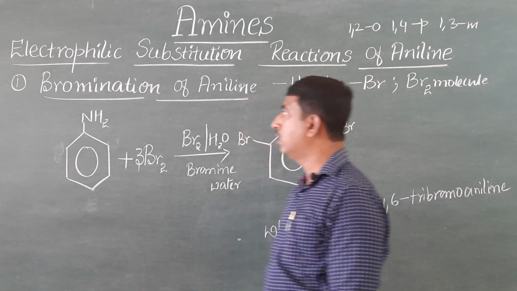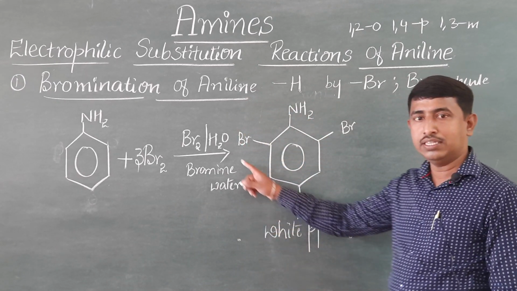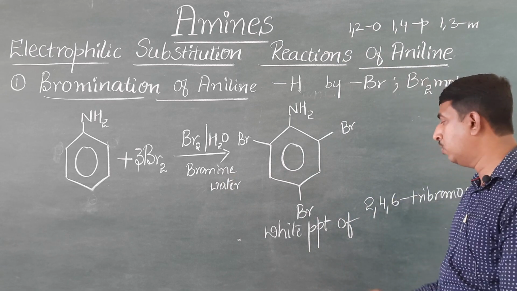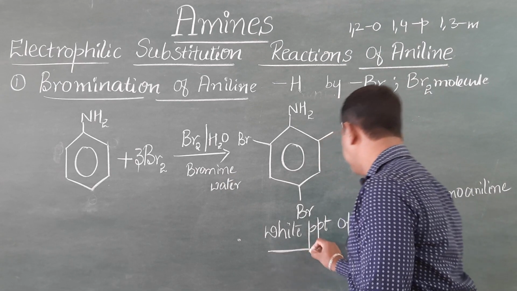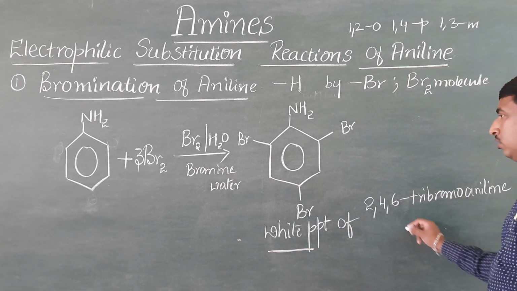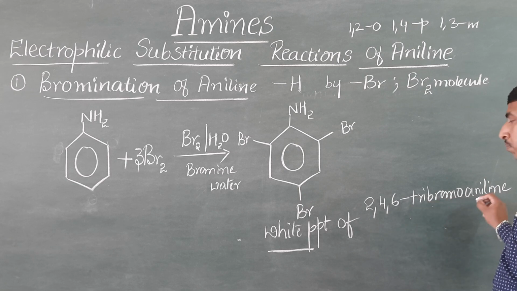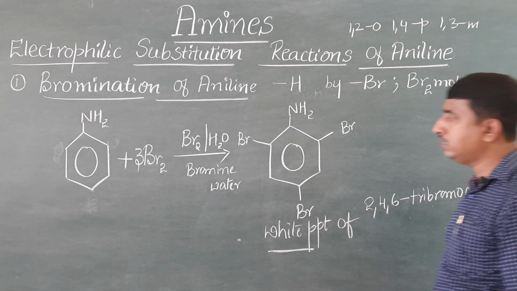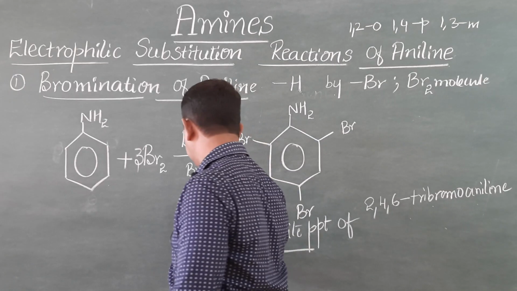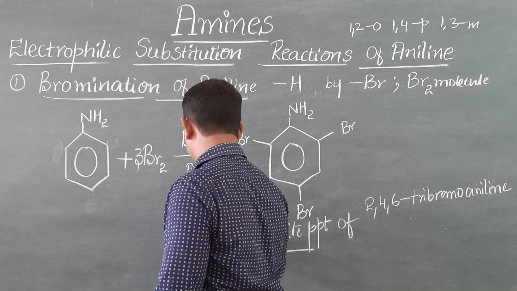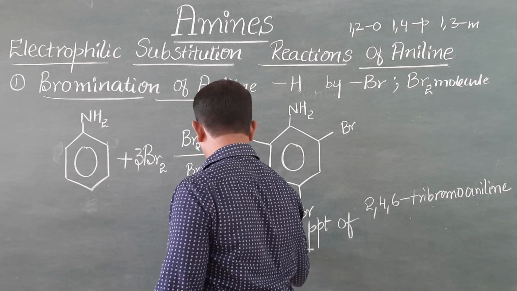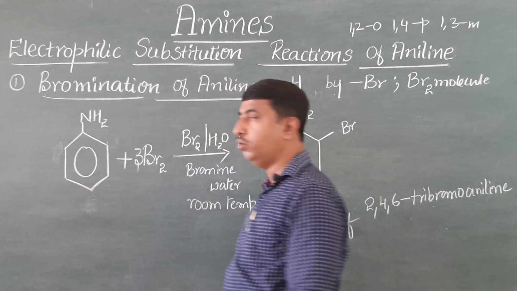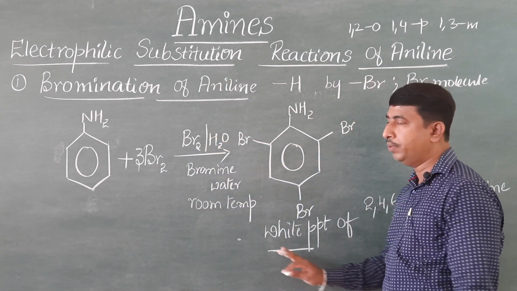So aniline undergoes bromination in the presence of bromine water to form a white precipitate of 2,4,6 tribromo aniline, and this reaction takes place at room temperature. Hope it is clear.